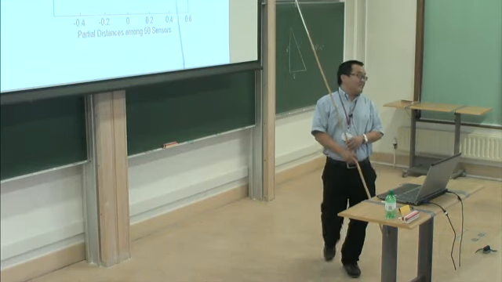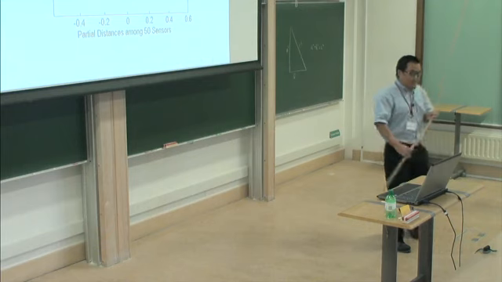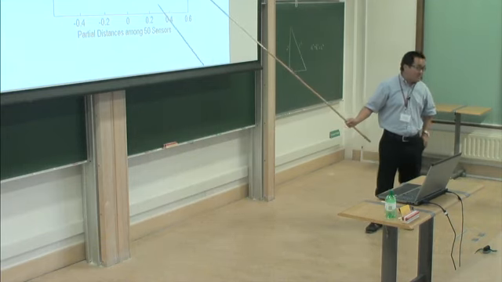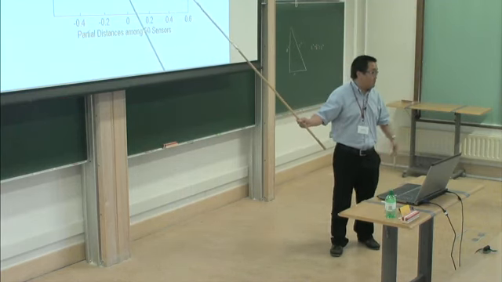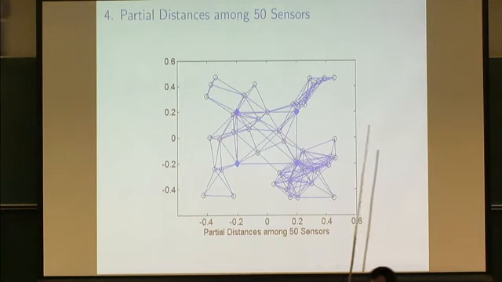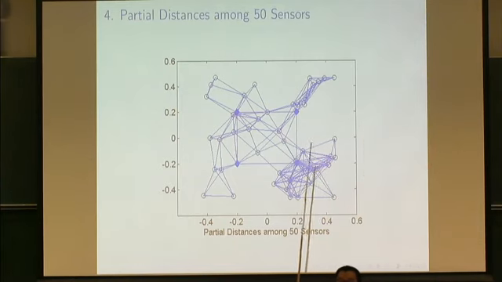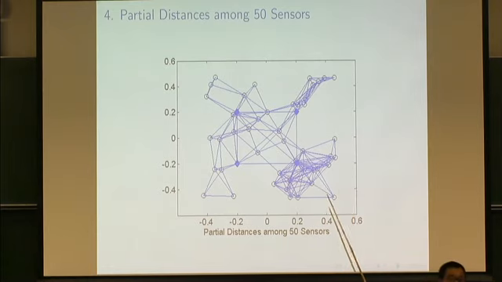In real applications, for example this sensor network localization problem, you only know partial distances between the points. Previously, with the Schoenberg, Young and Householder method, you needed to know every pair, all the distances.